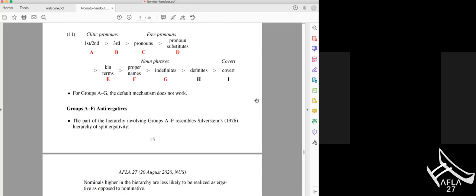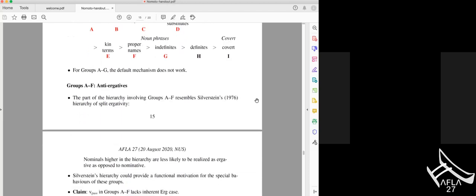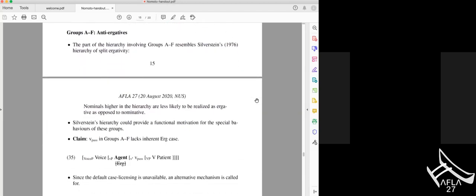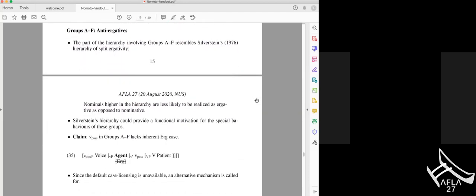So Silverstein's hierarchy could provide a functional motivation for the special behaviors of these groups. So here I claim that little v passive in these groups lacks inherent ergative case, because these are things that do not like ergative very much.